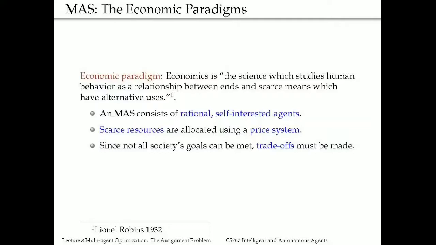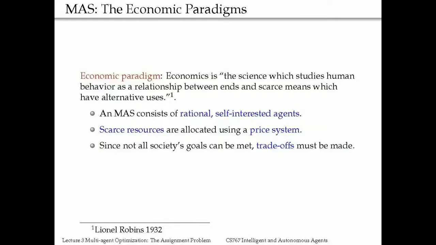It's a study that focuses not just on a single individual, but on a society which contains multiple individuals. And this parallels the main assumption of multi-agent systems, because in economics it studies people, but in multi-agent systems we study agents, which are also assumed to be rational and self-interested, right?